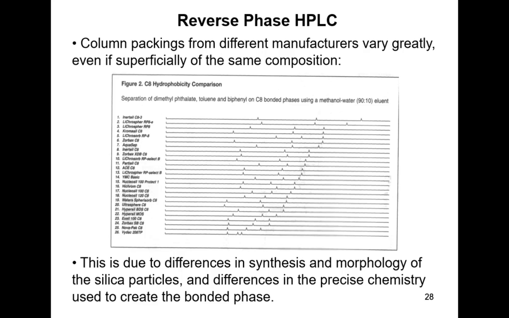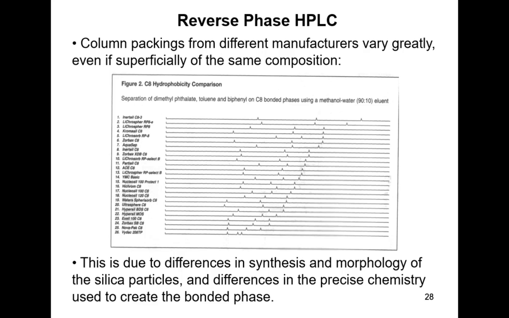It's worth shopping around, trying different columns until you get the best separation of that particular mixture. But this is more the case with the kind of research projects we'll be doing here.